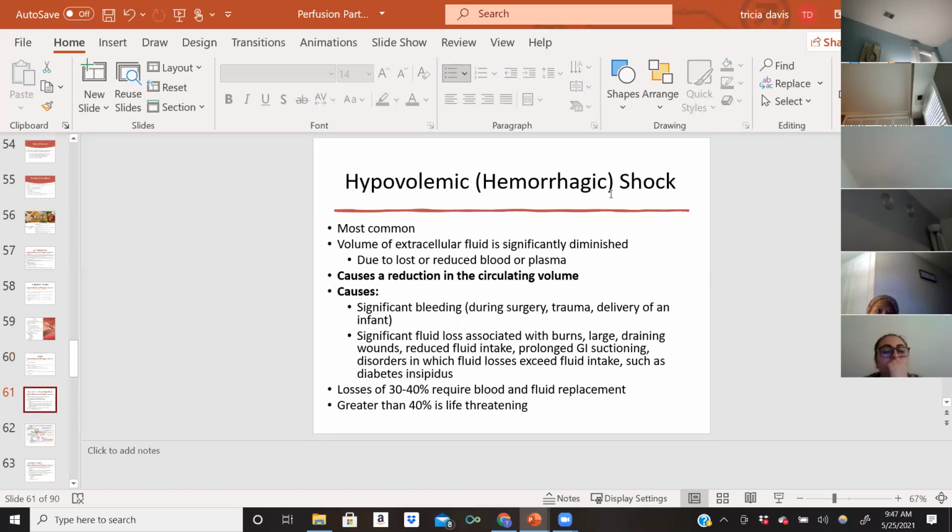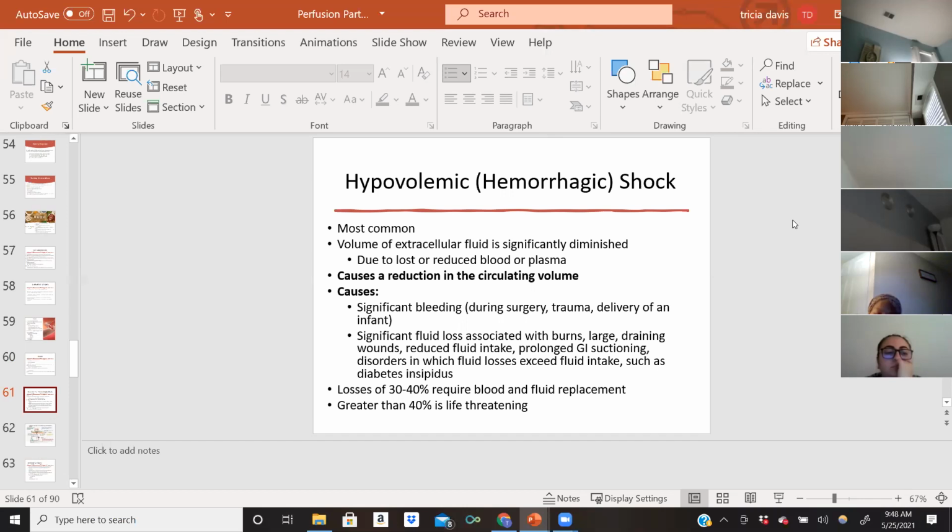So hypovolemic shock, also called hemorrhagic shock, is the most common. This is where our volume of extracellular fluid is significantly diminished, and it is due to lost or reduced blood or plasma. This type of shock is going to cause a reduction in our circulating volume, causes significant bleeding.